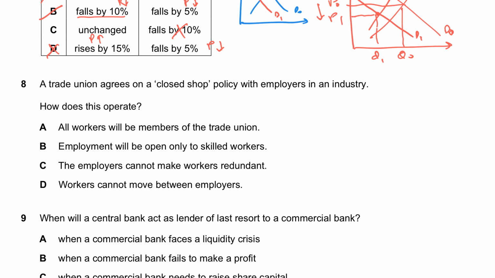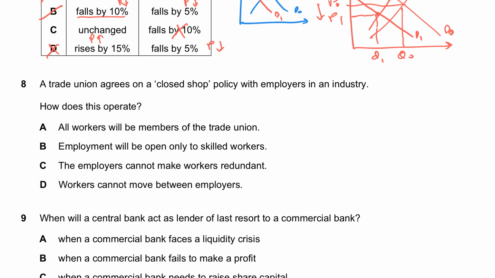In question 8, it says a trade union agrees on a closed shop policy with employers in an industry. How does this operate? So, what is a closed shop? A closed shop basically is an agreement which an employer does with a trade union, where they say that anytime a new employee joins the company, he has to make sure that he becomes a member of the trade union.